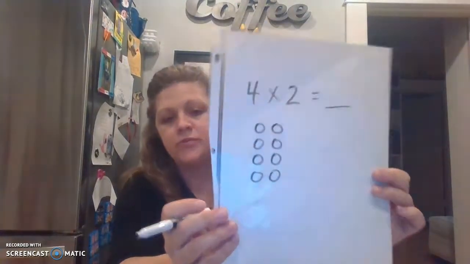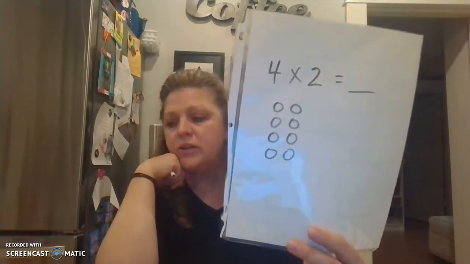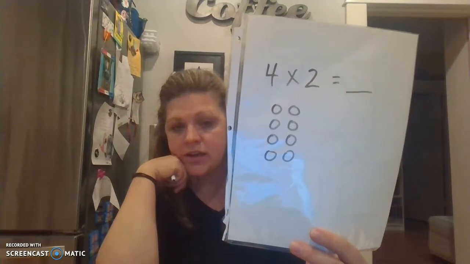Okay, so as we're thinking about this, this is why multiplication patterns are important. Okay, if I want to solve an equation that looks like this, where I have an array and I have 4 groups of 2, this is important because I can use my number chart to help me find the answer.